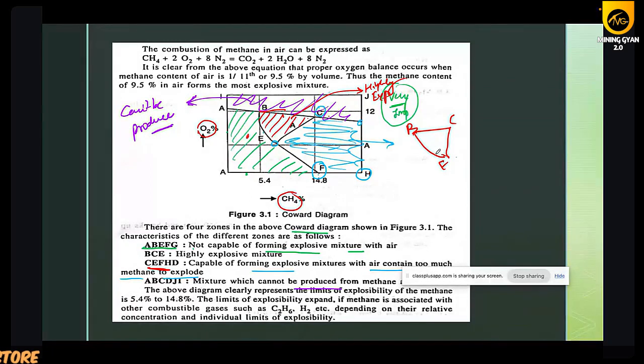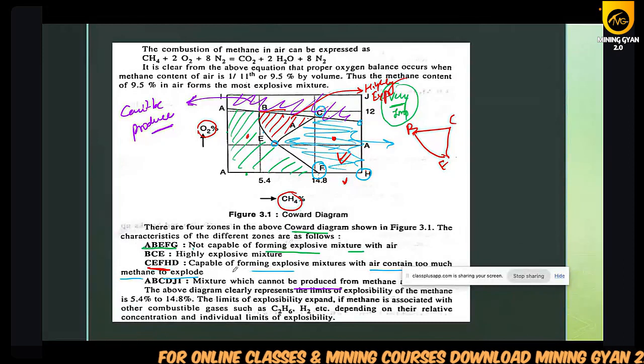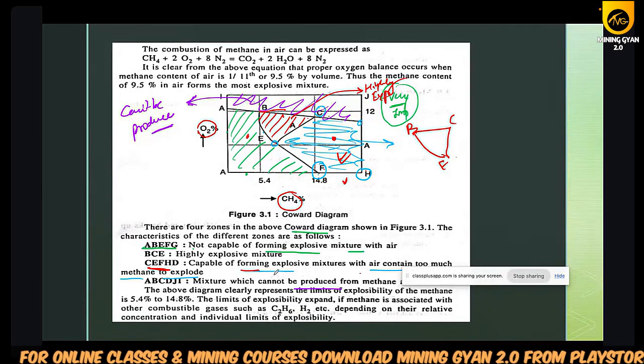And if you are talking about this area, EFHADC, where methane is higher but the oxygen level is very low, it will be capable of forming an explosive mixture with air that contains too much methane to explode.